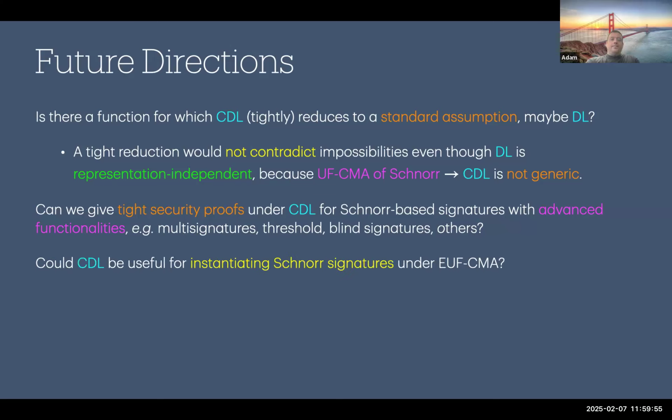Another problem I'm very interested in, and would love to discuss, is that instantiating Schnorr signatures is an open problem. Can you give a concrete hash function for which you can prove that Schnorr is secure in the standard model, even based on obfuscation or fully homomorphic encryption or anything you want? As far as I know, no such result is known, and there's no impossibility result either, so it's wide open.